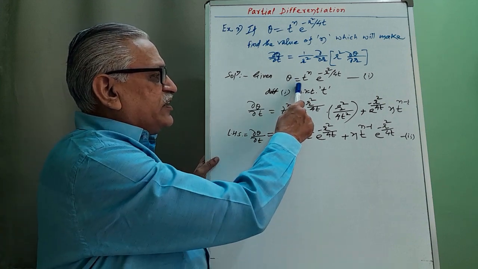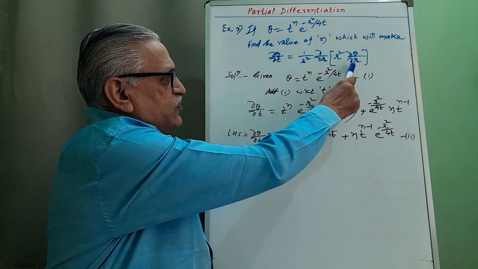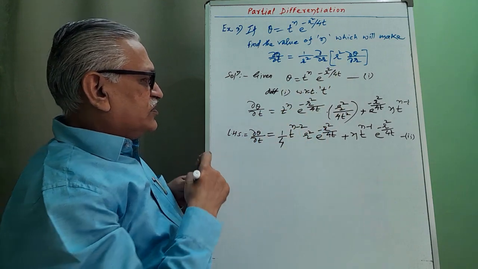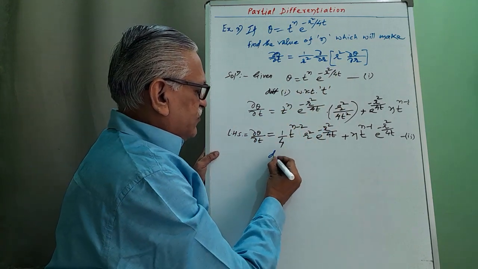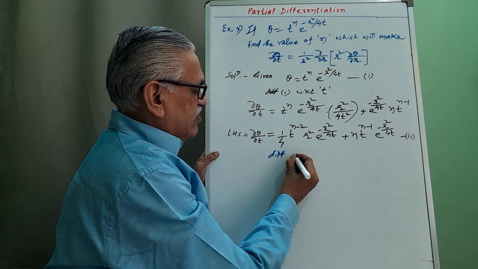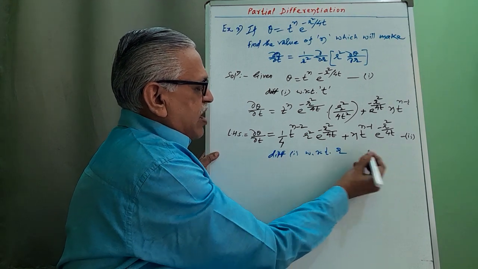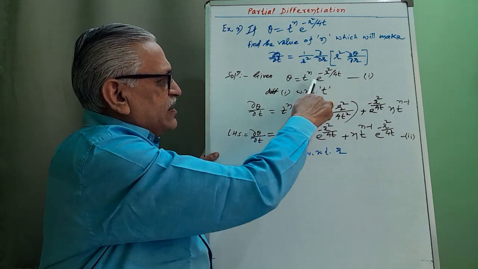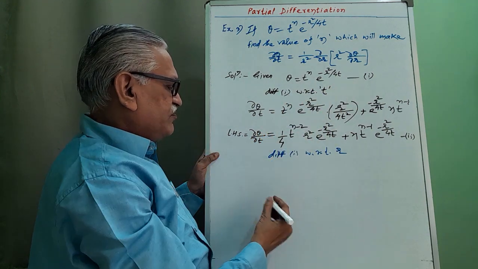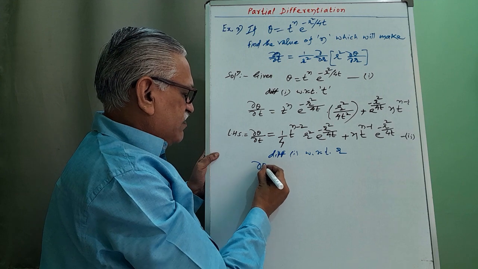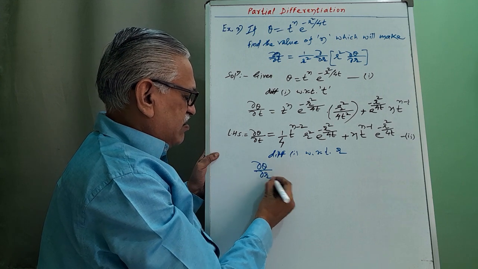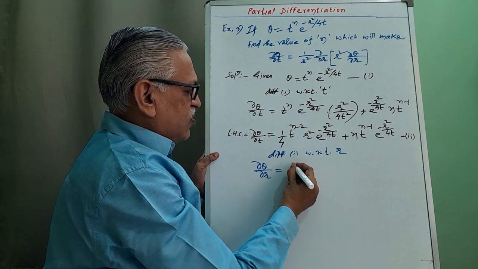Then differentiating equation 1 with respect to r, keeping t constant. Therefore, differentiating 1 with respect to r, this one is a constant term. Therefore, dou theta by dou r, t raised to n constant outside.